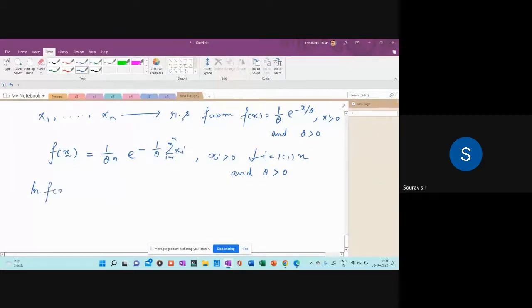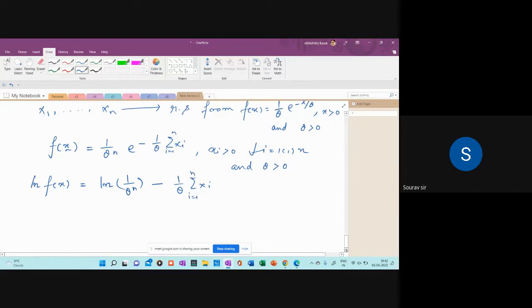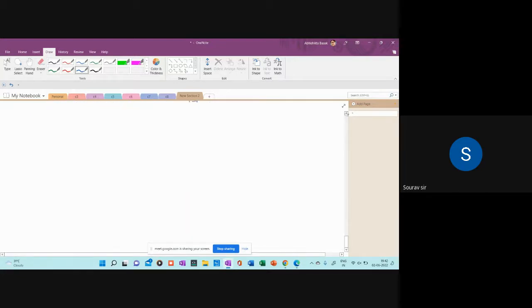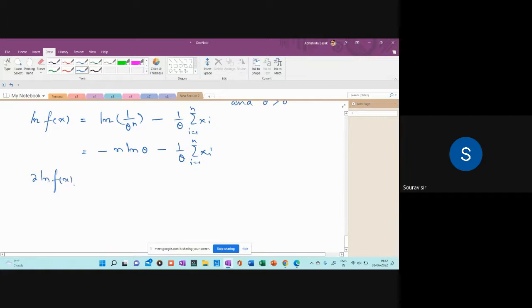Then the log likelihood is log of (1/theta)^n minus (1/theta) summation xi. Now this gives me minus n log theta minus (1/theta) summation of xi. That is the simplification.